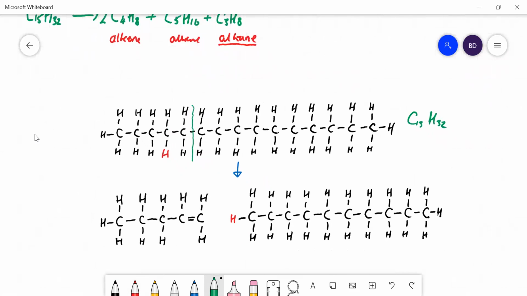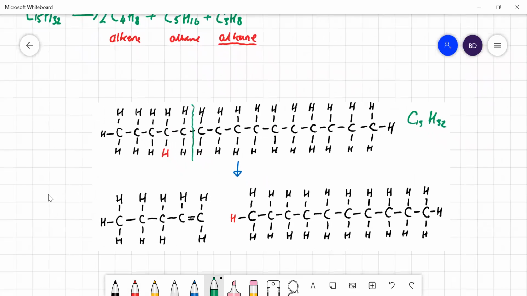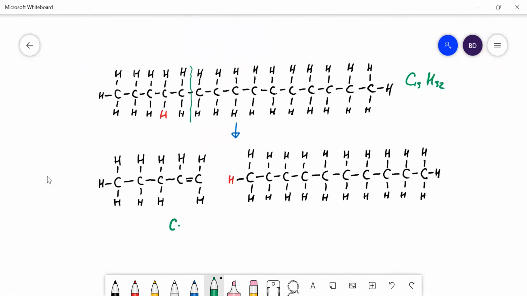And so what we have there is C5H10, and this one is C10H22. That one is an alkane. That was an alkene. So once again, the same pattern. You always get one of the fragments is an alkane and the others are alkenes. And you can see that this red hydrogen here has had to fall off and stick on there, and we formed a new double bond there.